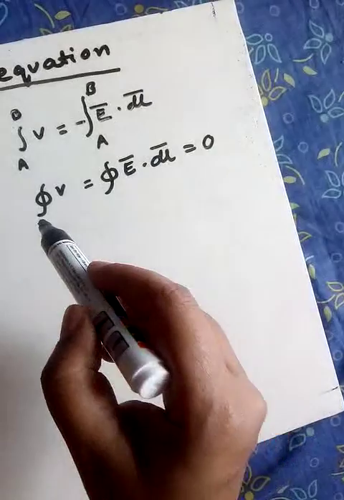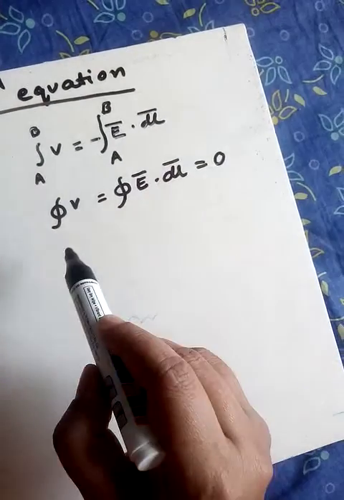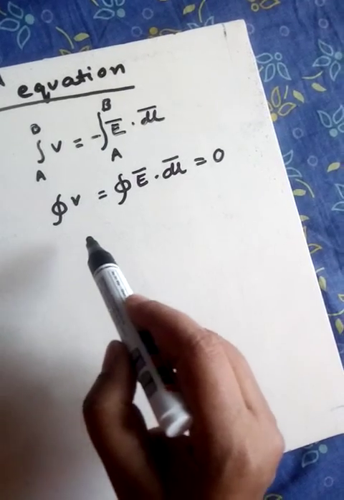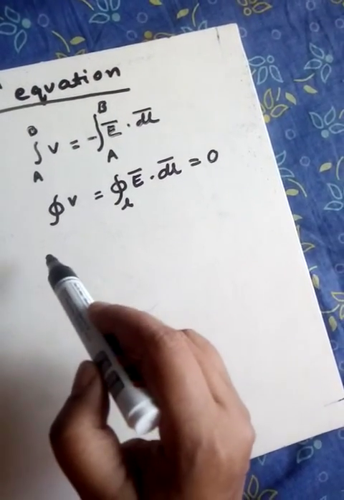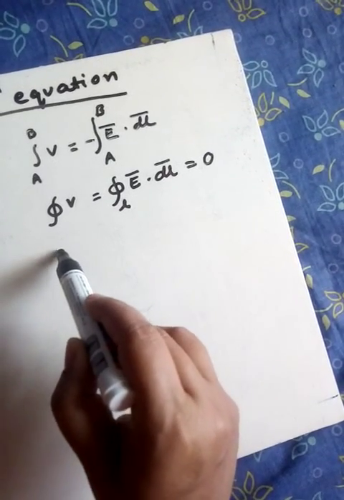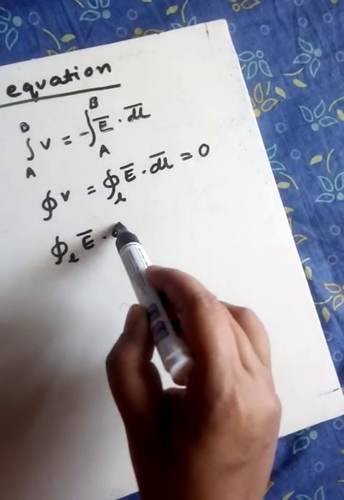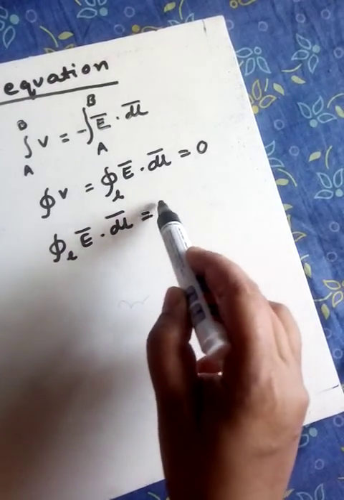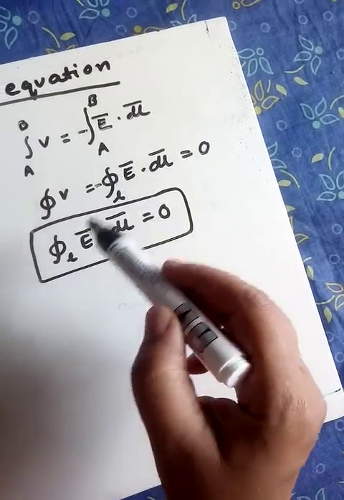Now potential for a closed loop is equal to 0. Suppose length L. So the net result is closed loop integral of E dot dl is equal to 0. Potential across a closed loop is equal to 0.